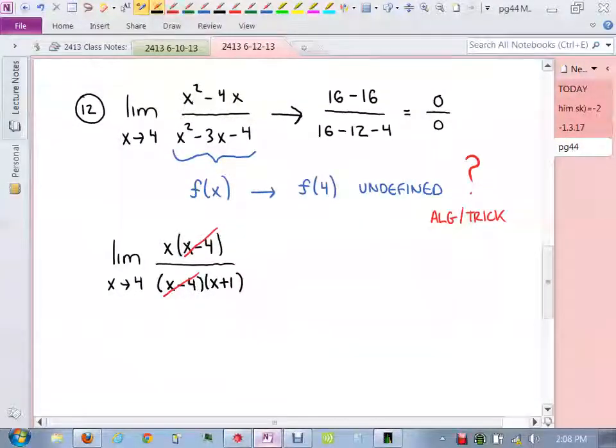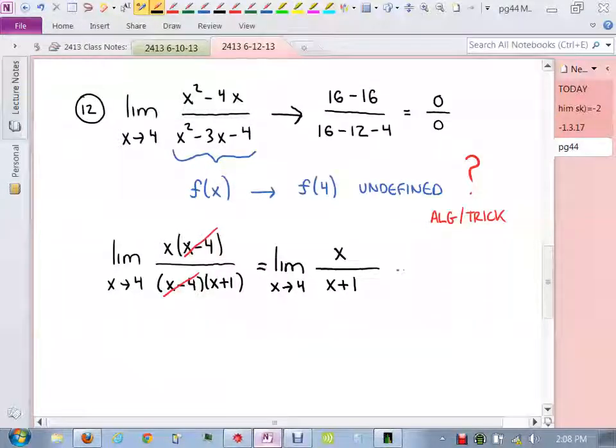So watch what my next line looks like. Equals, still have the limit, x approaches 4. What was left on the top? x. On the bottom, x plus 1. Now you have a new rational function. Let x now go to 4. In other words, do direct substitution.